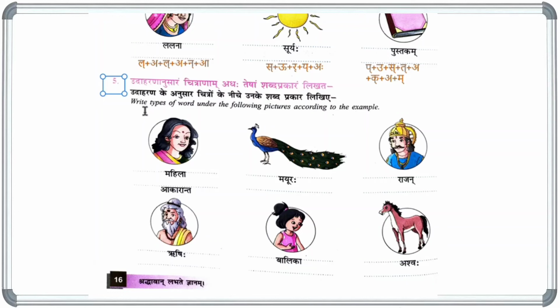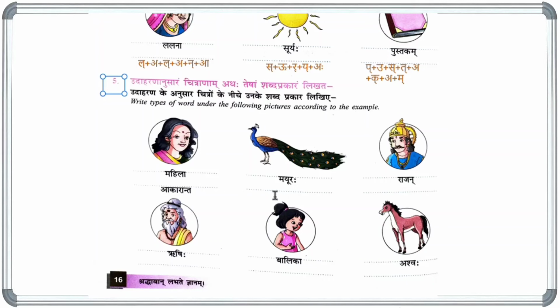Here it is asked: write the types of the word under the following pictures according to the example. One example is given here. Mahila. When we disjoin this word, the last letter we find is the a letter. Therefore the shabda prakar of Mahila is Akaranta Shabda.